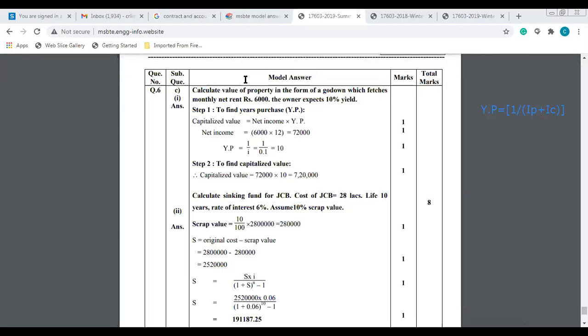I will give 2 minutes. Everyone, please go for it. Just give me the answer for this question: the formula to determine the value of IC, that is the rate of interest on the sinking fund. You can put it in the chat box also.